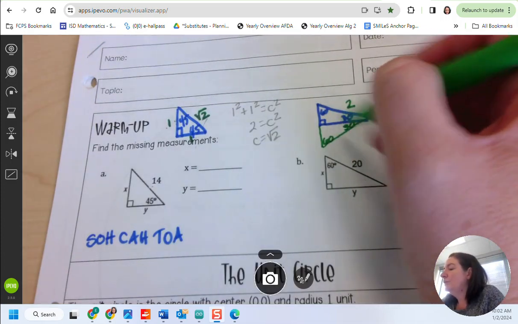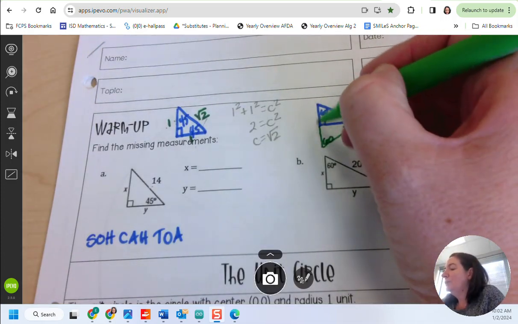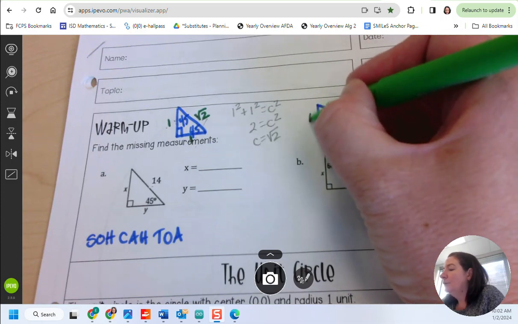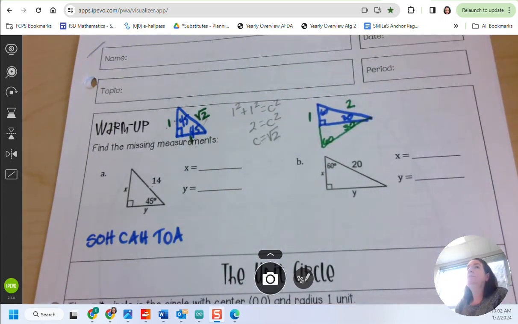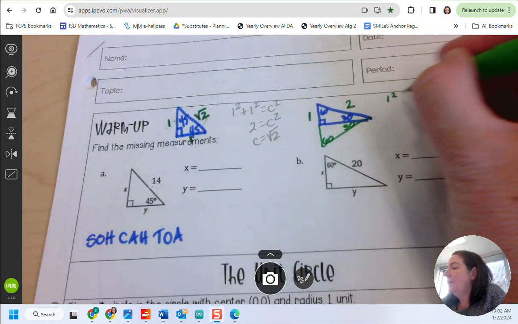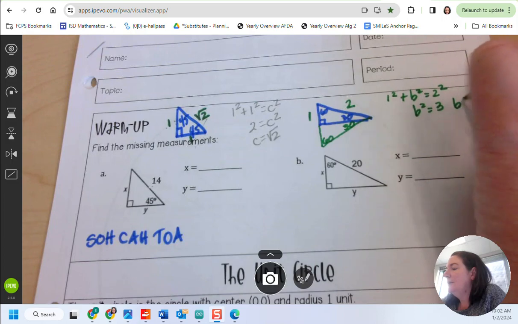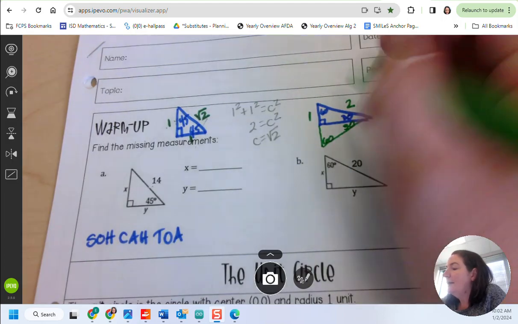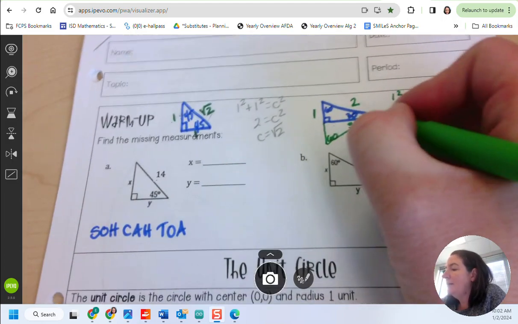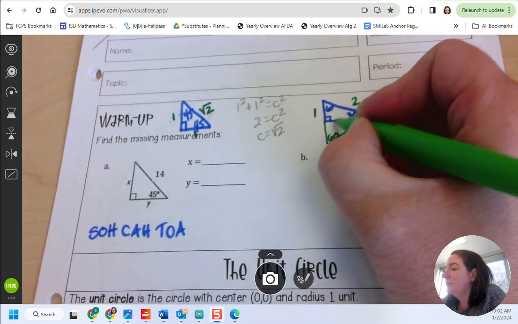So this would be 2, this would be 2, this whole side would be 2, and the blue part would be 1, because it's half of it. So now I can use 1 squared plus b squared equals 2 squared. B squared is equal to 3, and b is equal to root 3. And that's the reason why this side, the long leg, is root 3.